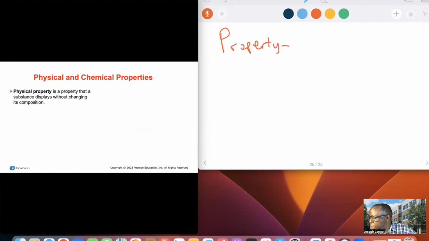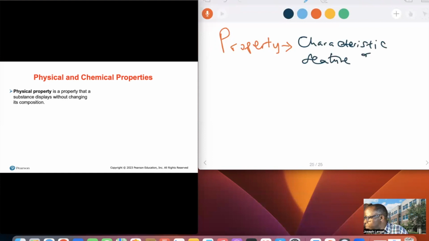We can define this as a characteristic feature for describing, let's say, just matter. A characteristic feature you can use to define matter is a property.